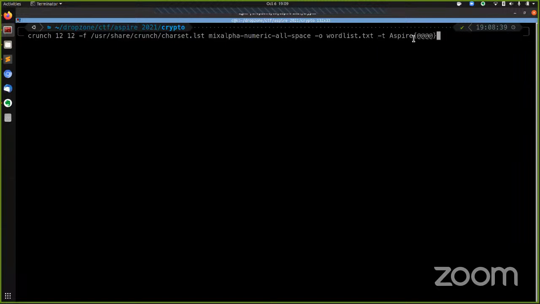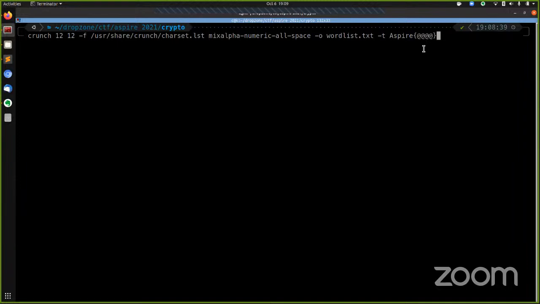And this here explains to Crunch where we want to generate the characters. By specifying this @ sign here, we tell it we only want to generate these variations here. So this is what is going to be replaced as we generate the word list. So we are going to have a lot of Aspire with different values in between the curly brackets.